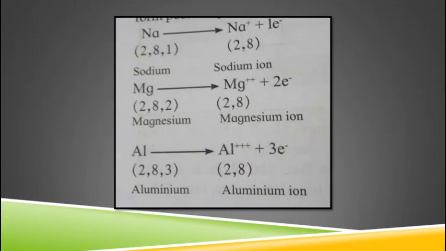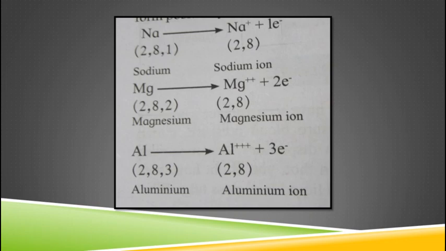Students, here one reaction is given to us, that is sodium. For the number of valence electrons, we can see the electronic configuration of sodium written below it, that is 2, 8, 1. In the valence shell only 1 electron is present. When this 1 electron is lost, the electronic configuration of sodium becomes 2, 8. Why?